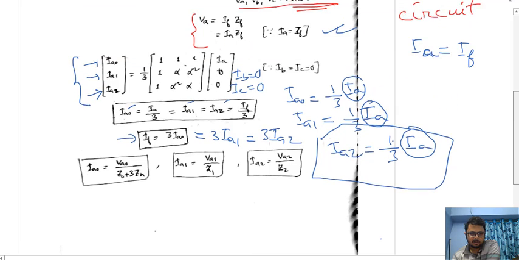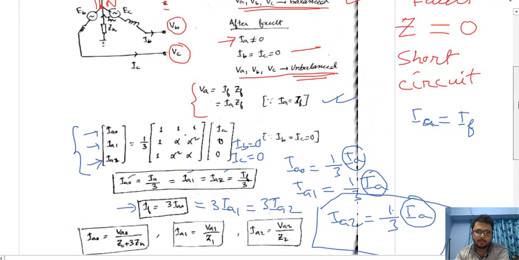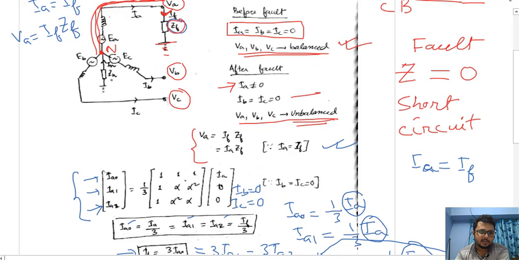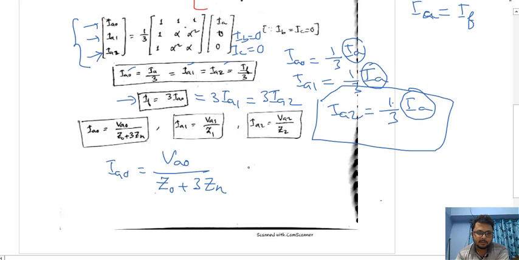All right, now let us calculate the currents. IA0, now what is IA0? IA0 is VA0, the zero sequence voltage, divided by zero sequence impedance plus 3 times Zn. Zn is the neutral impedance. What is IA1? IA1 is the positive sequence voltage divided by Z1.